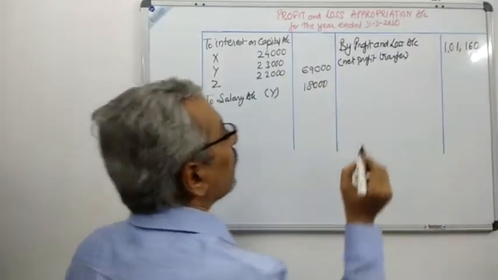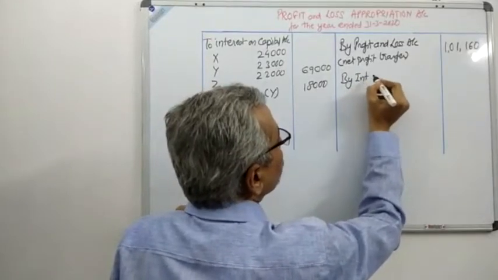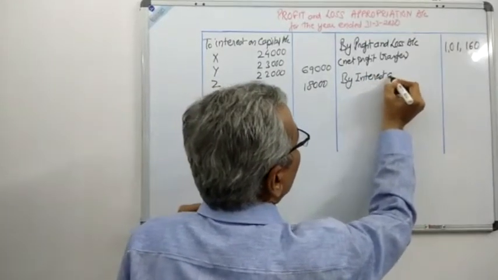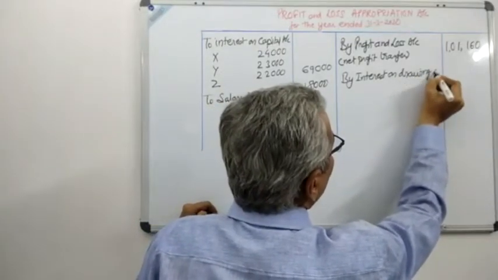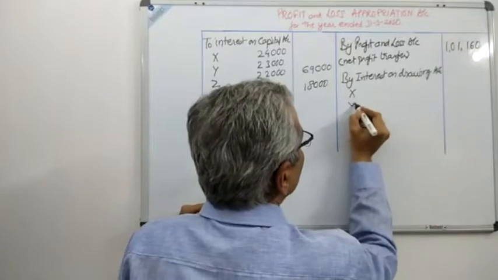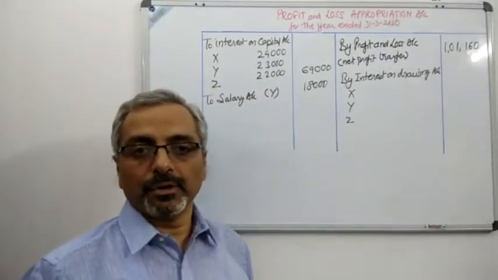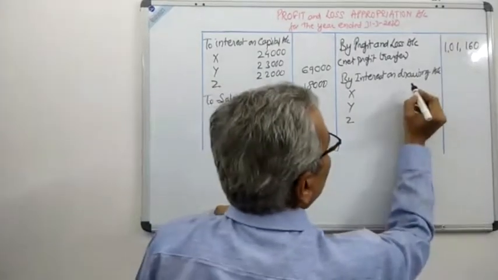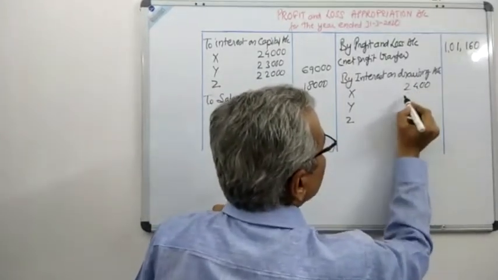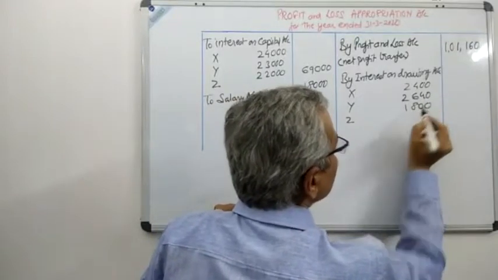Okay, and now we'll move on to the credit side with By interest on drawing account. We have X, Y and Z. If you remember, all the 3 partners had withdrawn money in different intervals, and we had calculated the interest on drawing for the first partner as 2,400, second partner as 2,640 and the third partner as 1,800.